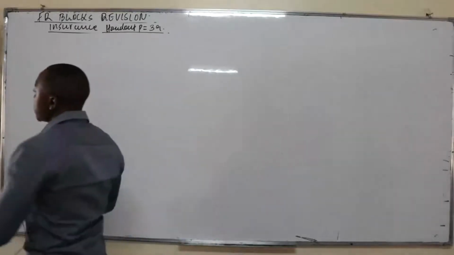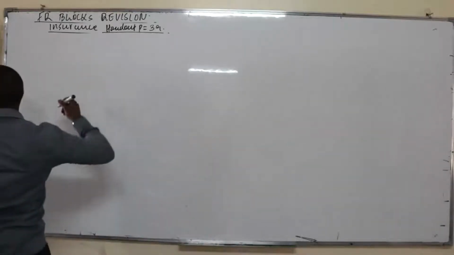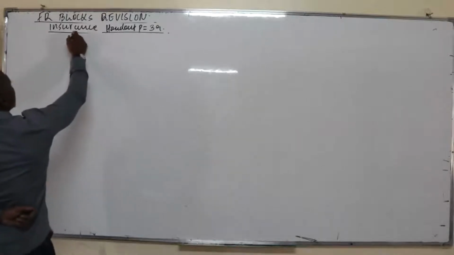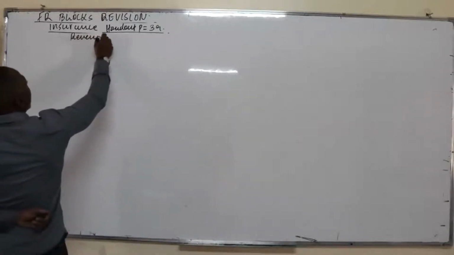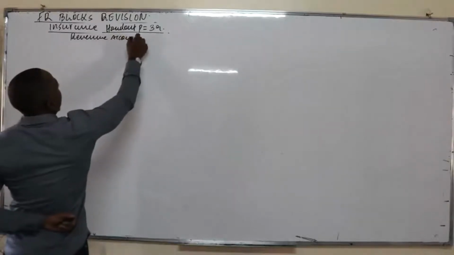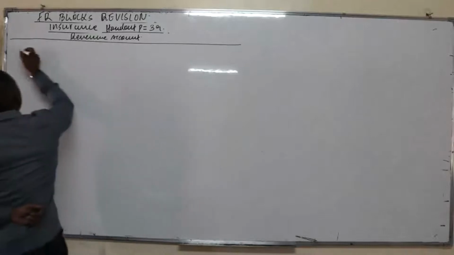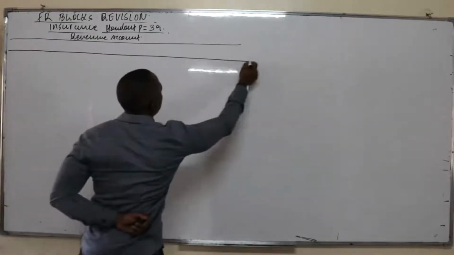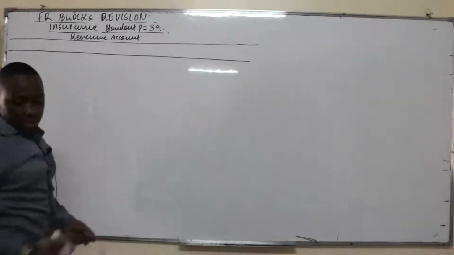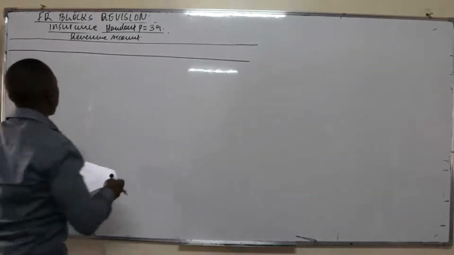So when we're accounting for insurance, number one, you need to prepare the revenue account. The revenue account is used to determine whether they operated at a profit or loss. So let me draw the format for the revenue account.